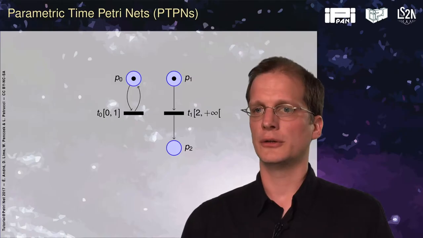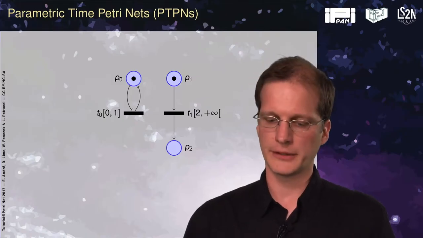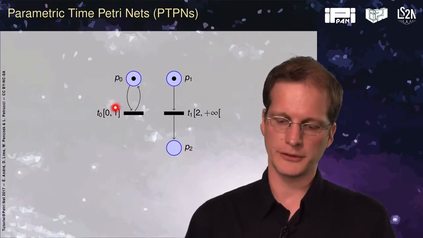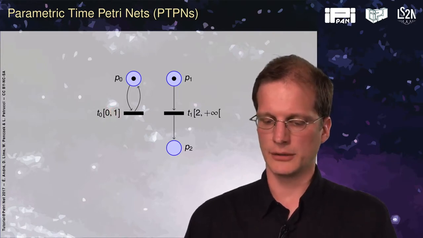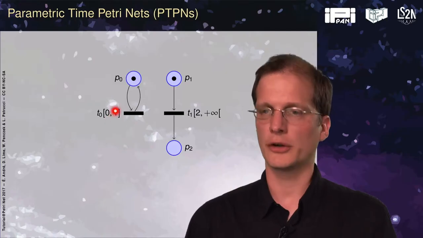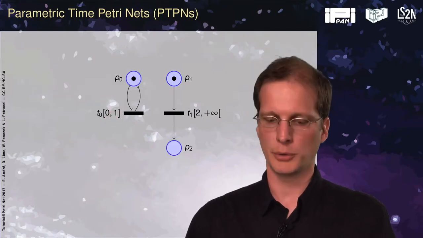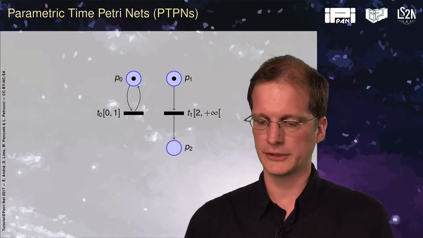An additional constraint that we have here is that when a transition has been enabled in its interval, it can fire as before, but then it cannot wait longer than the upper bound in the interval.